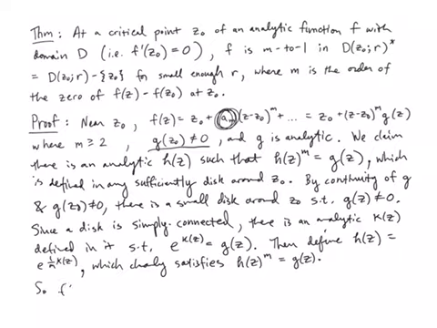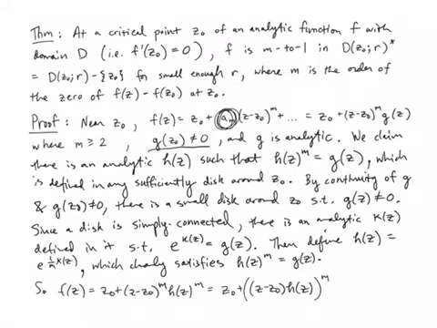So continuing with f of z is z0 plus z minus z0 to the m times g of z, and g of z is h of z to the m. And so this is z0 plus z minus z0 h of z, all that to the m.